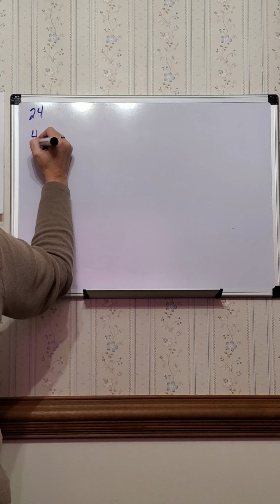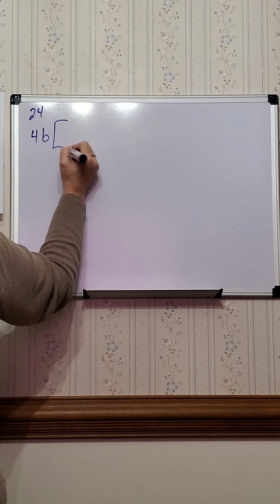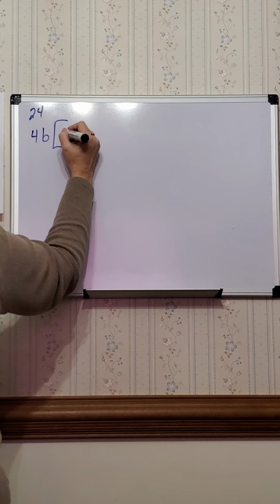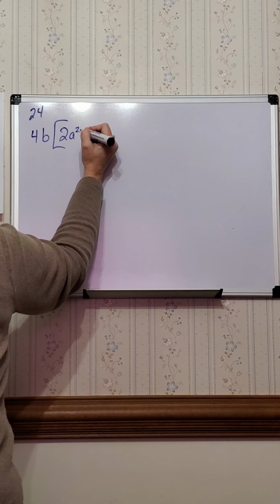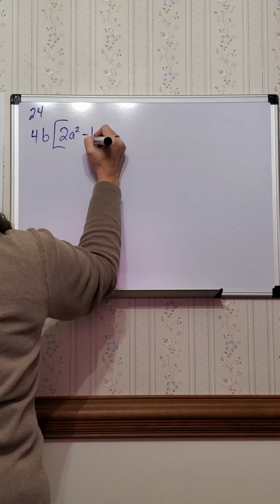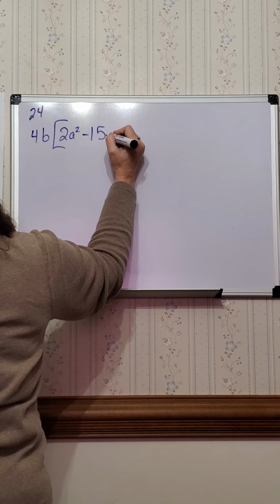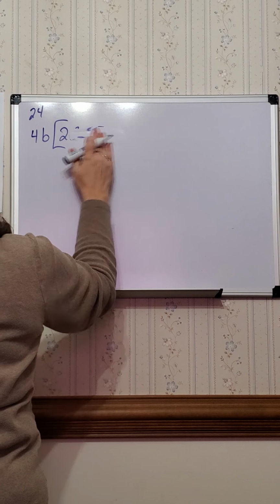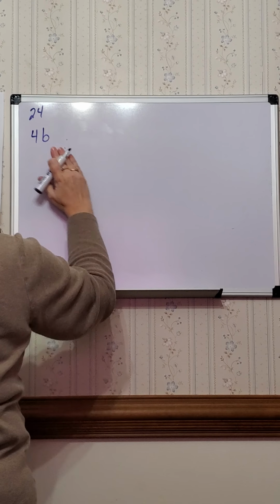24. I've got 4b. Now notice I have brackets now. 2a squared minus 15. Whoops, I started going who knows where on that one.